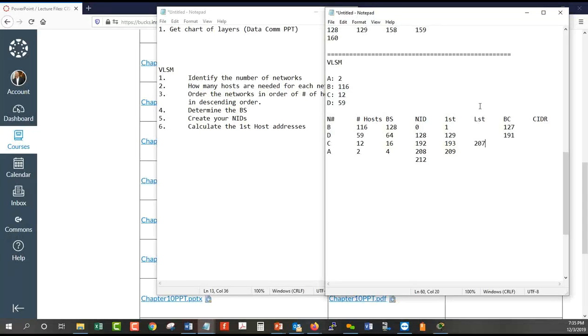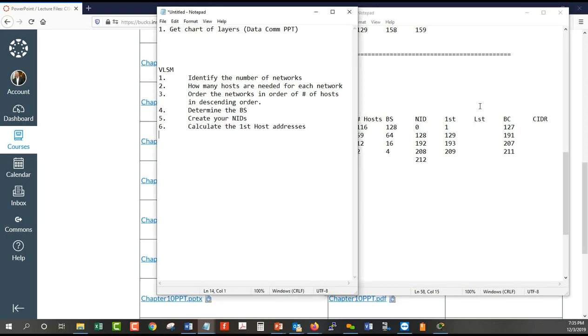This is going to be 207. And the reason we wrote this 212 down here was just to help us with this value, 211. And now we're going to do our last host address. So let's just continue to fill this in.